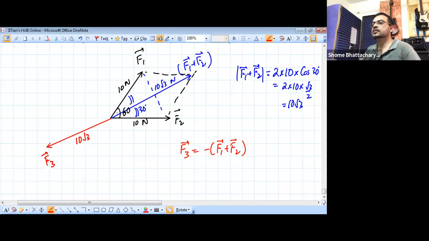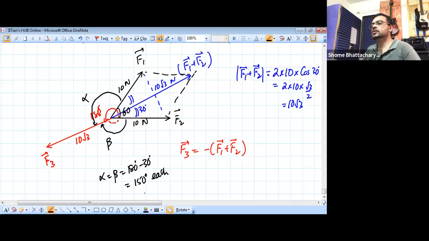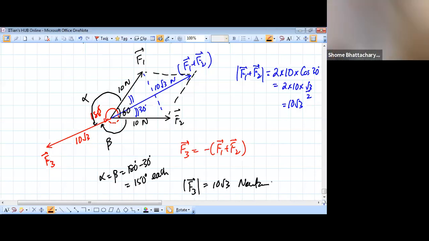So therefore, what are these two angles, alpha and beta? They are symmetric. This angle and this angle, alpha and beta, is 180 minus 30, or 150 degrees each. And magnitude of F3 is equal to 10 root 3.